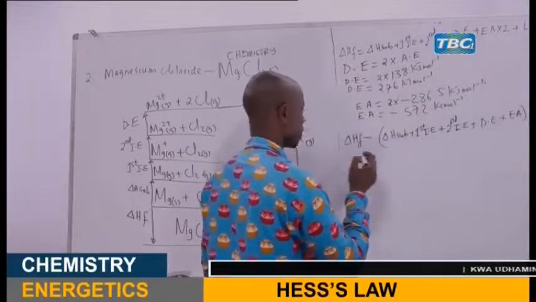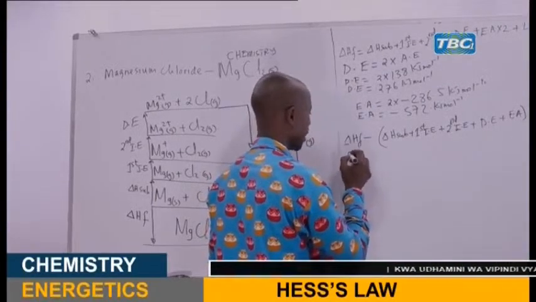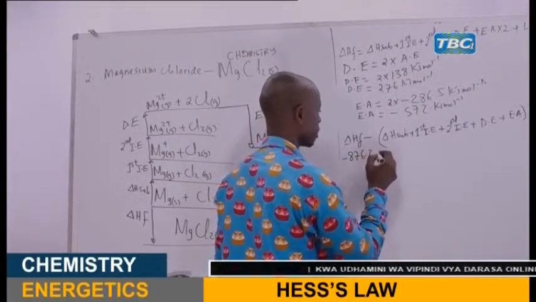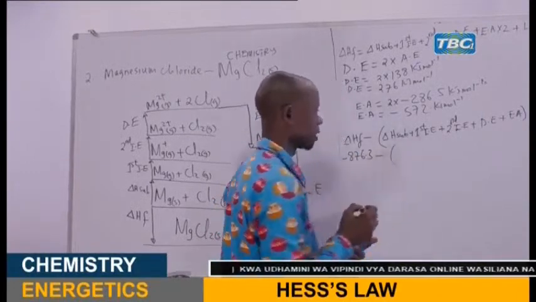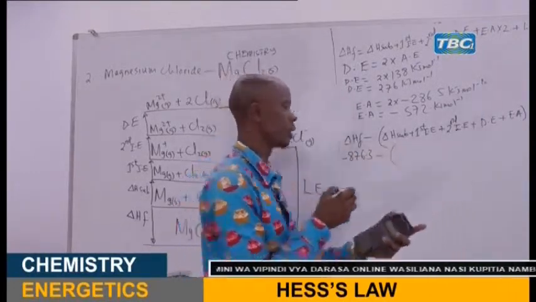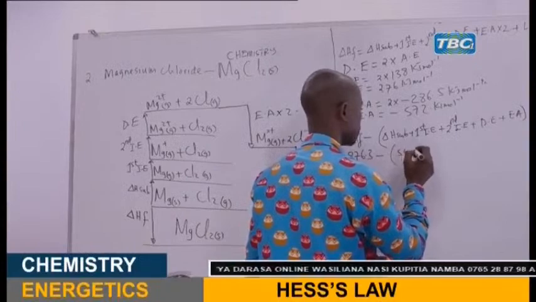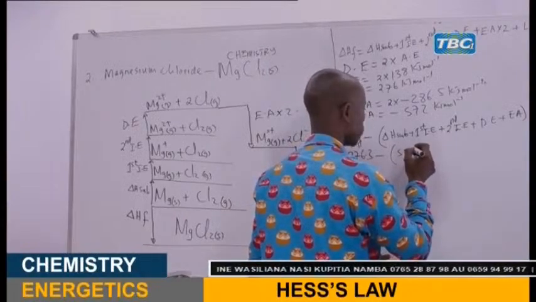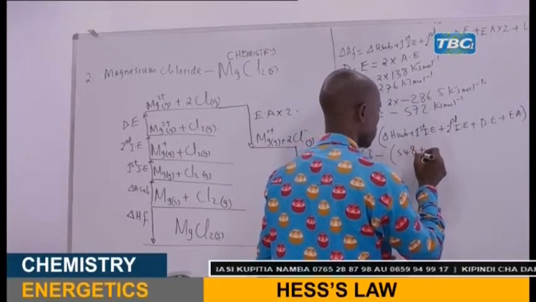The enthalpy of formation is negative 876.3 minus, in bracket, sublimation energy, you are given there positive 54.8 kilojoules per mole.